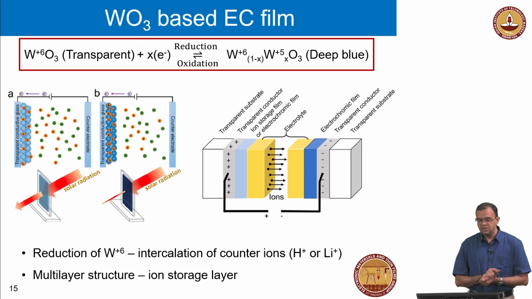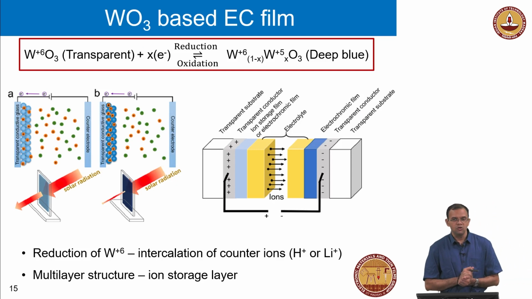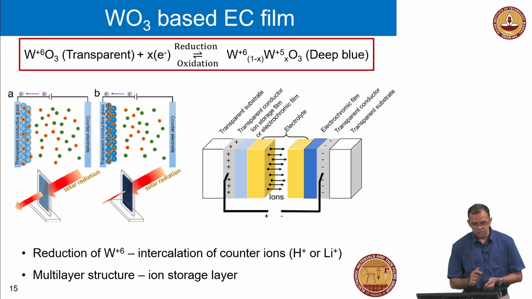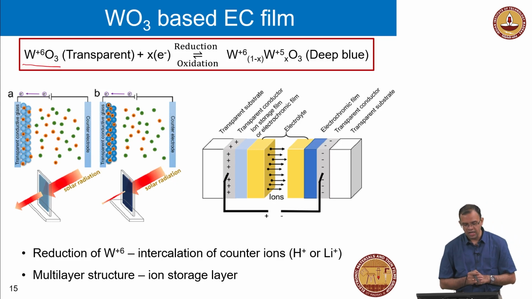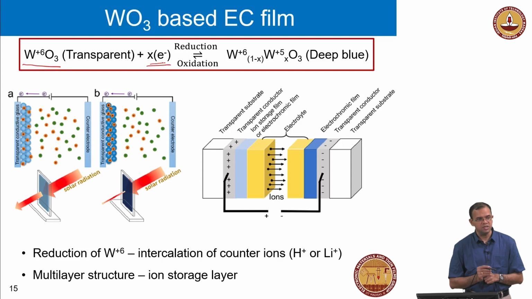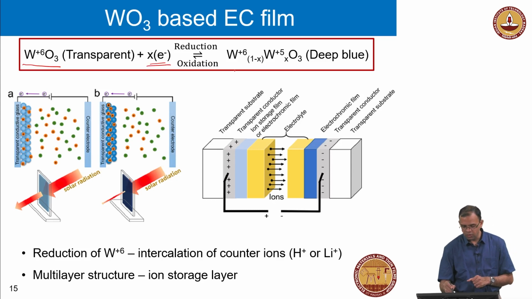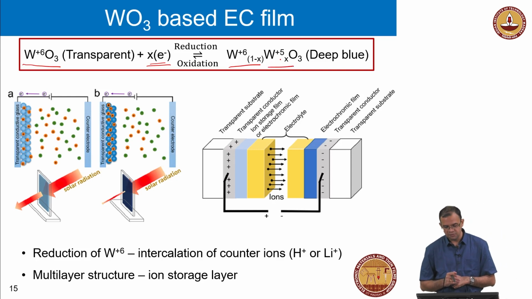So let's start with tungsten oxide. I told you tungsten oxide is a cathodic coloring film. Tungsten in the natural state is +6, so WO3. So essentially I have tungsten +6. If I were to react it with electrons, I am essentially reducing it. I go from +6 to the +5 oxidation state.